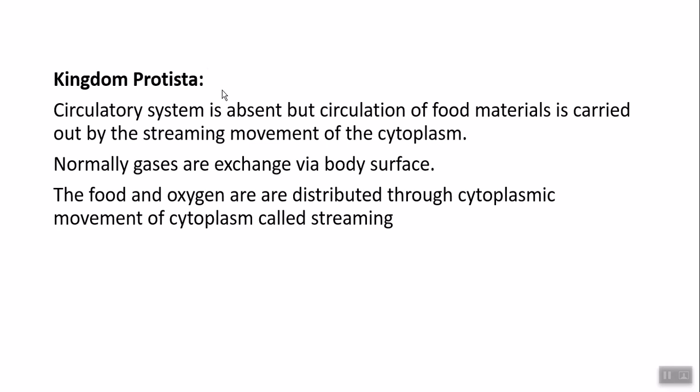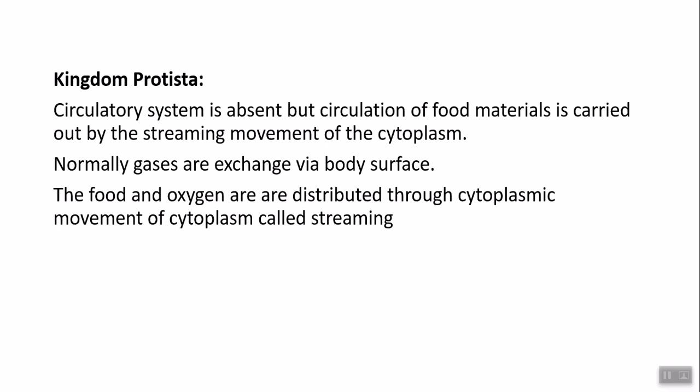Kingdom Protista. The living organisms under kingdom Protista are very closely related to the animals. Therefore, we are talking about even the kingdom Protista. As you know, they are single-celled organisms. The circulatory system is obviously absent, but circulation of the food materials is done by the streaming movement of the cytoplasm. The cell has a cytoplasm, the fluid within the cell membrane.